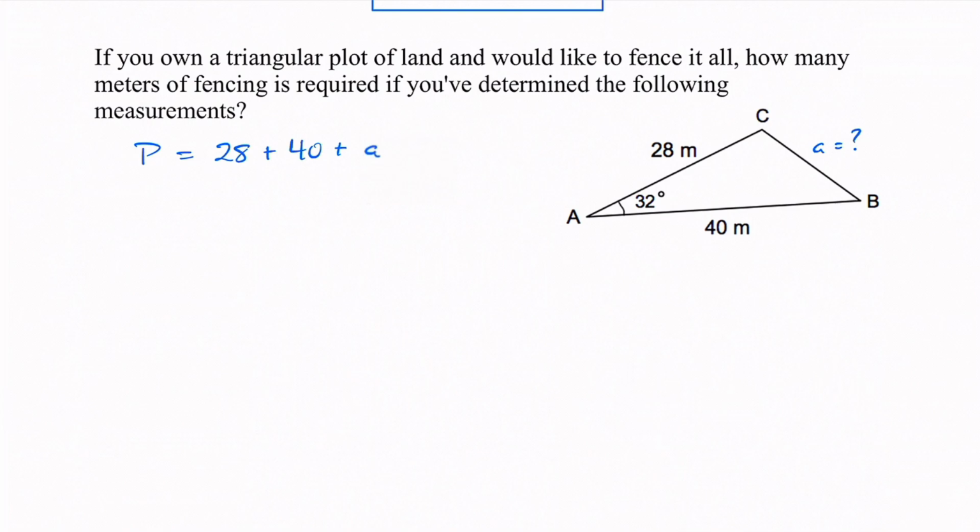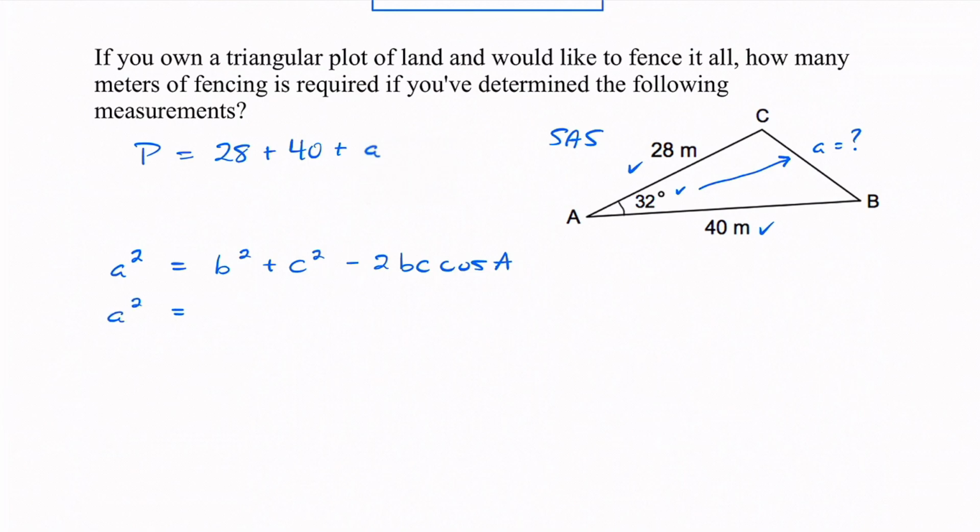So to find A, I already can see I got this side, I got this angle, and then I got this side. So again, that's that side angle side scenario. So I can use my cosine law, and it's going to help me find the side across from the middle angle. So we got A squared equals B squared plus C squared minus 2bc times the cosine of A. So now we just got to fill in our information.